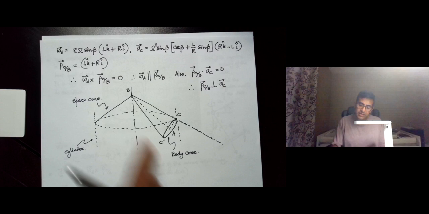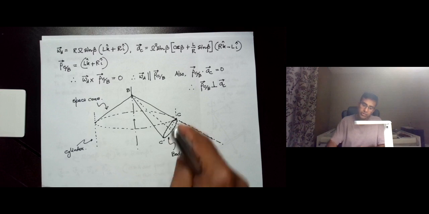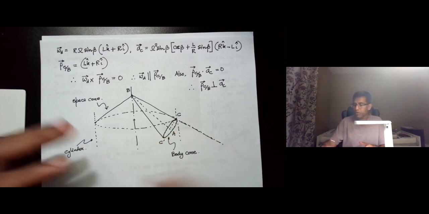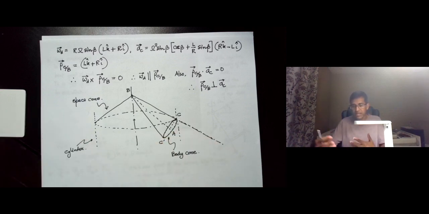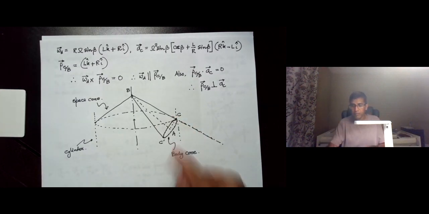It's called the body cone because it contains the instantaneous points of contact on the actual body of the disc. So you see C, C prime, C double prime, or you can call them C, C1, C2, C3, etc. They are all physical points on this cone. And because they are physical points on this cone, it's called a body cone.